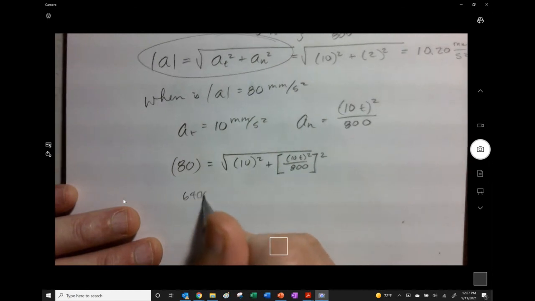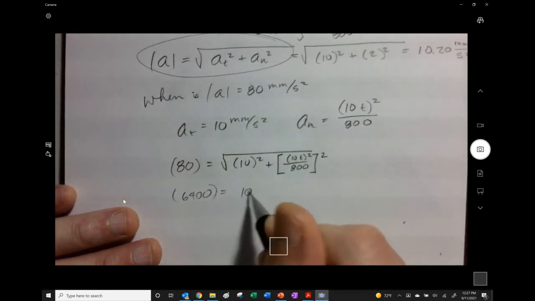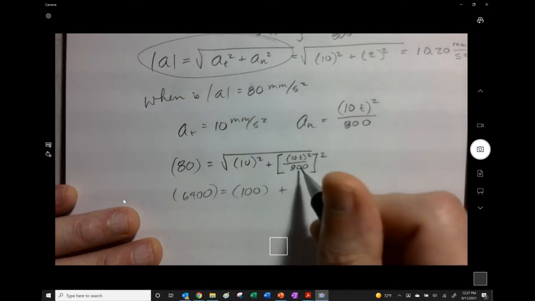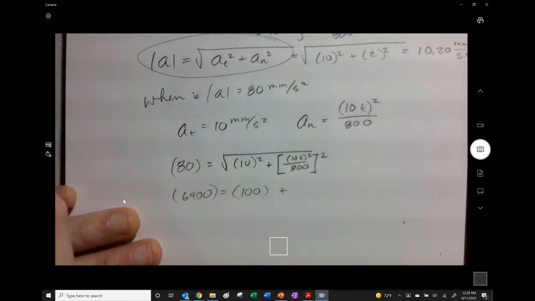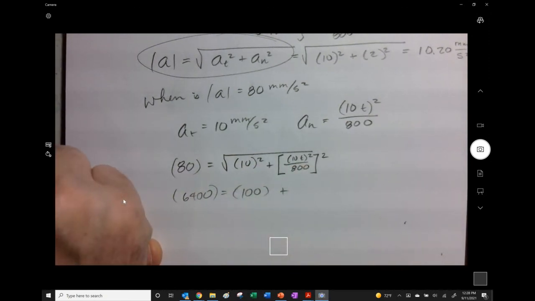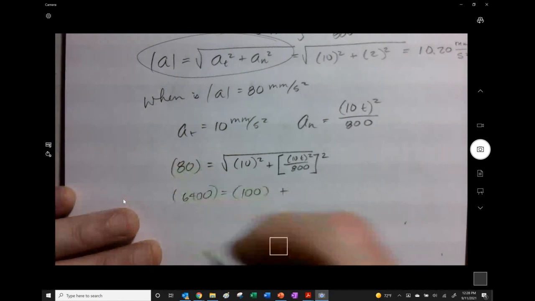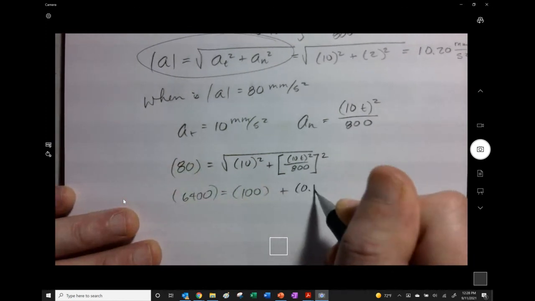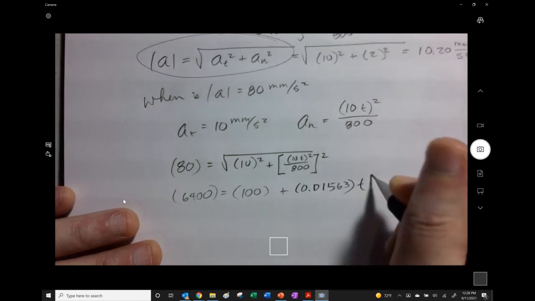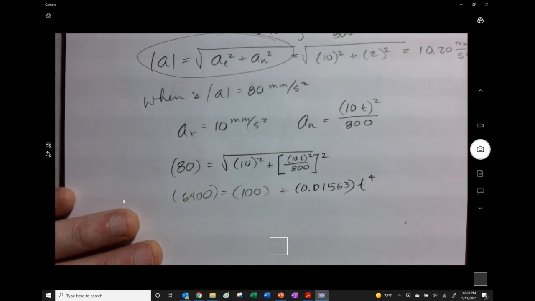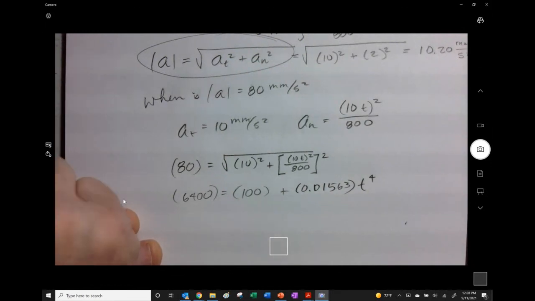So 6400 is going to be equal to 100 plus 10 squared divided by 800, and then that whole thing squared, so it's going to be 0.01563 times t to the fourth.